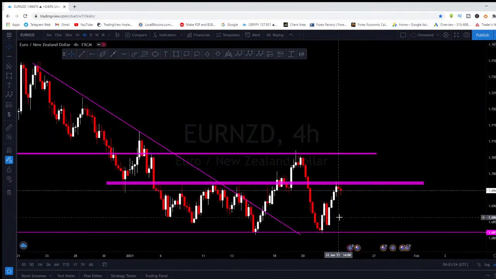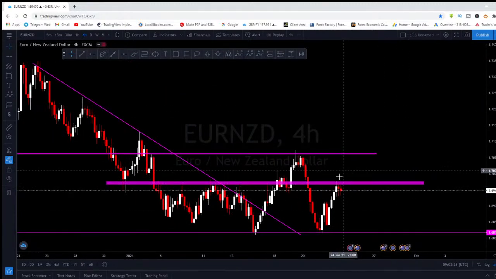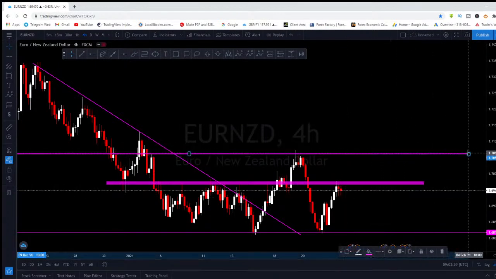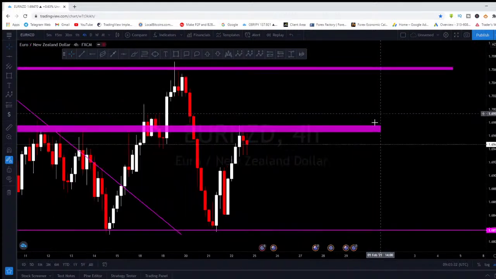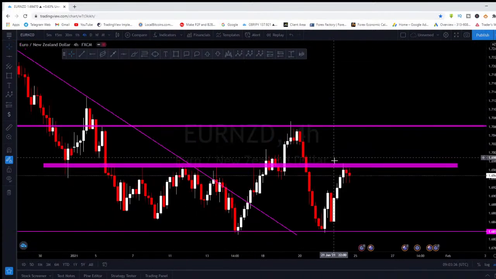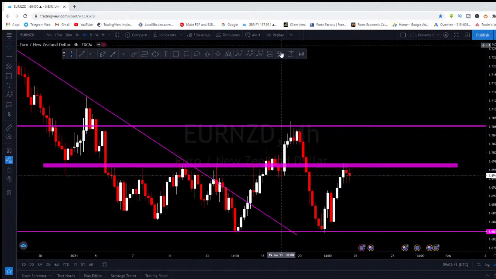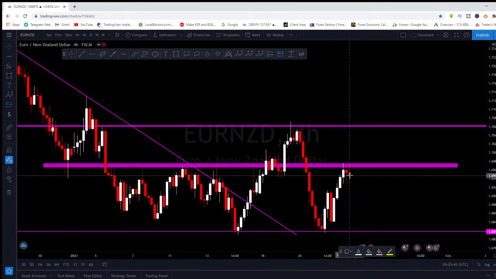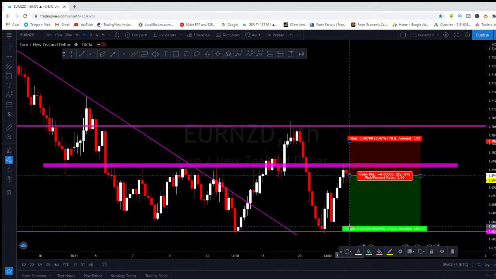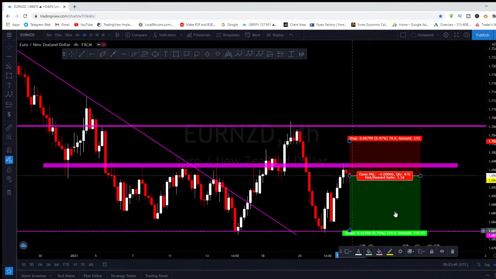So if Euro NZD is able to break out of this zone, this will be the next target before it starts to fall to the downside, because I'm seeing that Euro NZD is a long-term sell, but from here we must see some push to the downside again in order for it to continue to sell to where our take profit is going to be, right? So now, boom, to come down to that level.